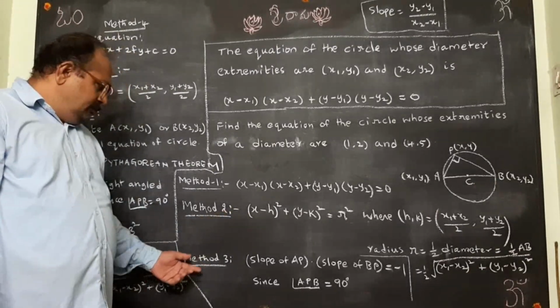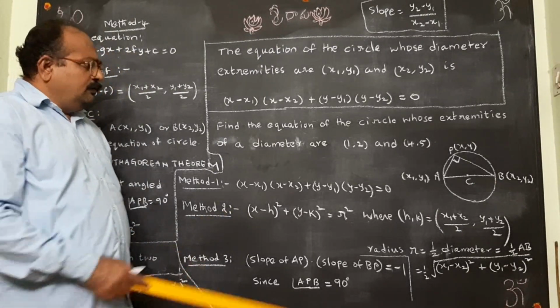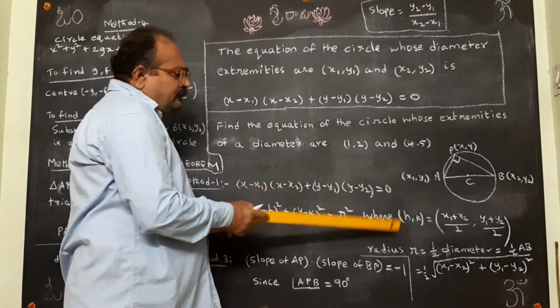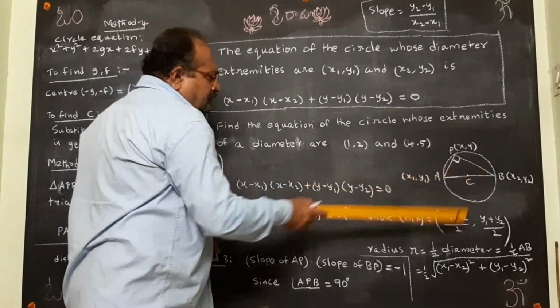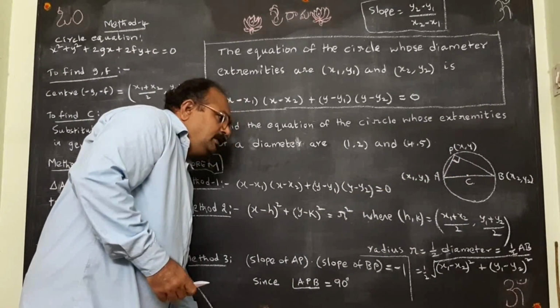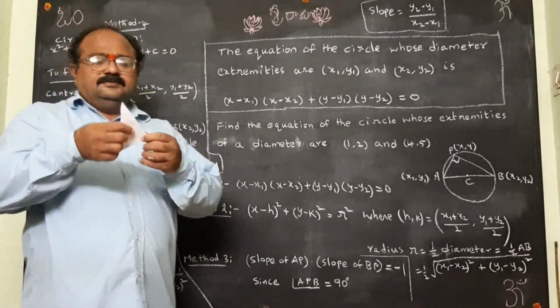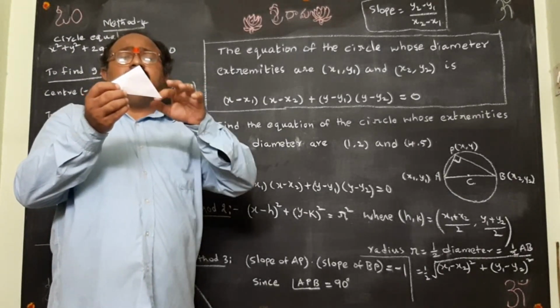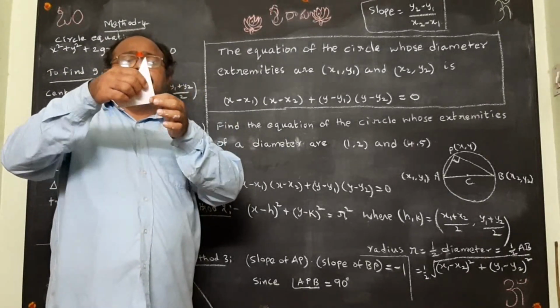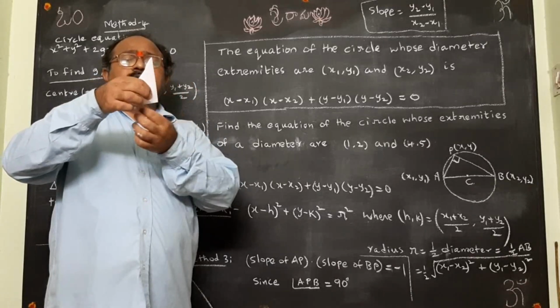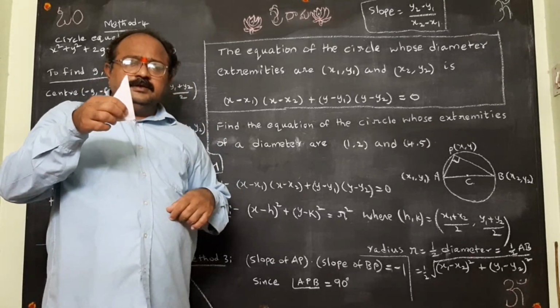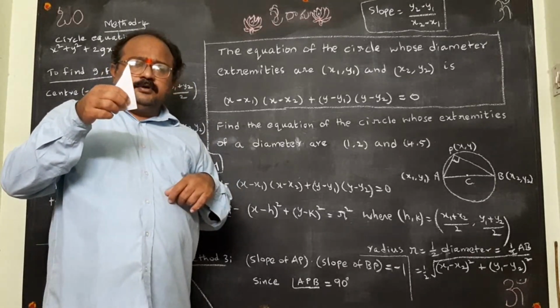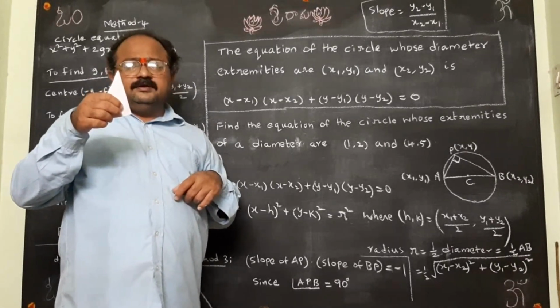Method 3. If you observe this, PA and PB are perpendicular to each other. We know that if two lines are perpendicular, the product of their slopes is equal to minus 1.